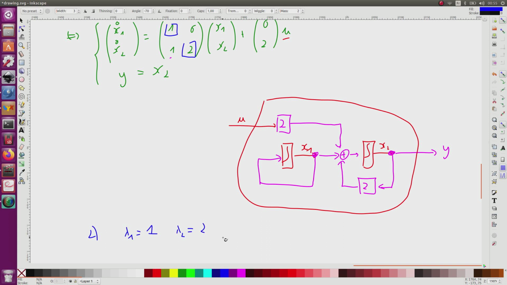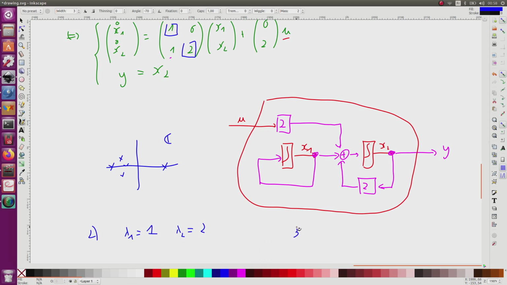As a consequence, they have positive real part, and thus the system is unstable. Recall that to be stable, on the complex plane the eigenvalues should be on the left. If one is on the right, then the system is unstable. Here, the two are on the right.